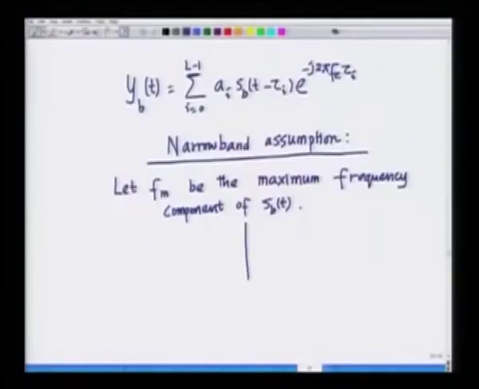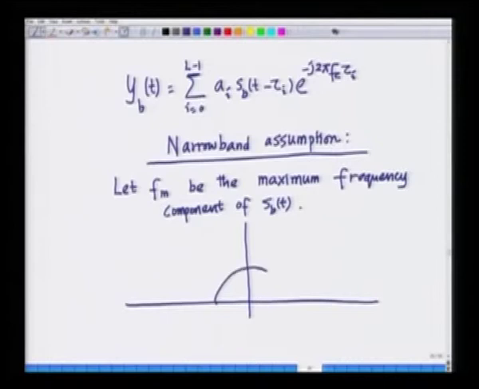Let me draw a picture to show how that looks. If the spectrum in the baseband looks as follows, that is from minus f_m to f_m, then the maximum frequency component present in the complex baseband signal is what we are denoting by f_m. All right.